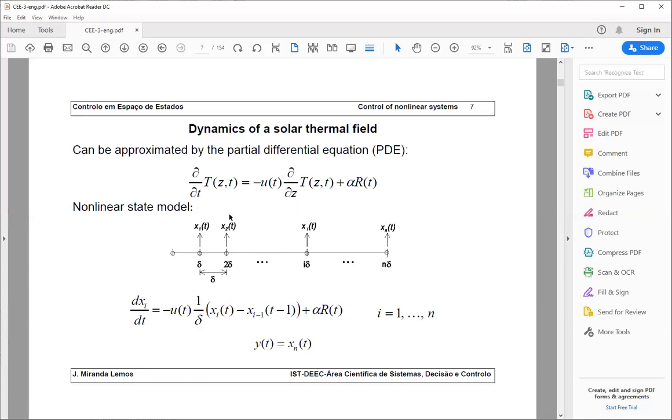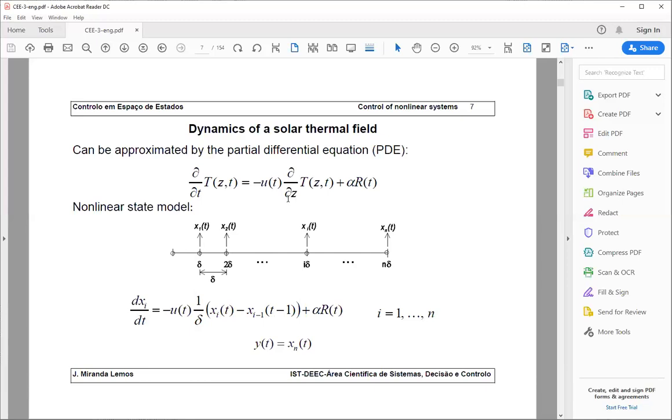And now, to relate these state variables that are now finite in number, we are going to approximate the derivative with respect to the space dimension, the partial derivative with respect to space. Of course, at each temperature you are fixing the position, so this partial derivative becomes the total derivative at that position.